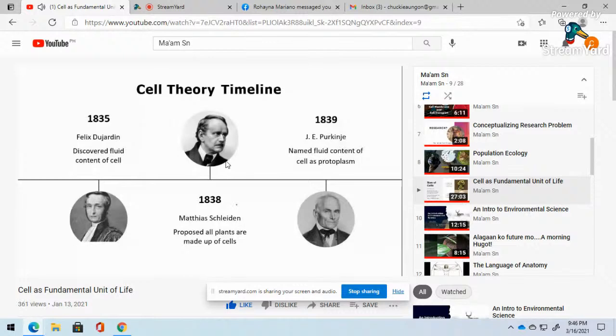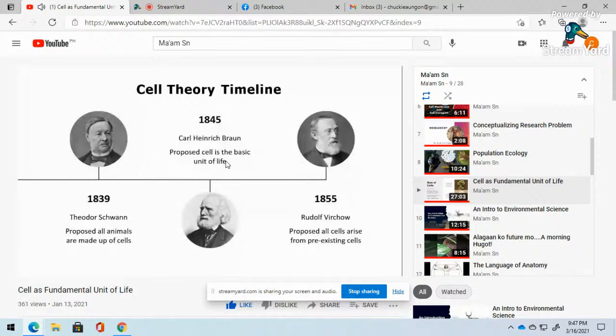In 1838, Matthias Schleiden proposed all plants are made up of cells. And in 1839, J.E. Purkinje named the fluid content of the cell protoplasm. Also in 1839, Theodor Schwann proposed all animals are made up of cells.